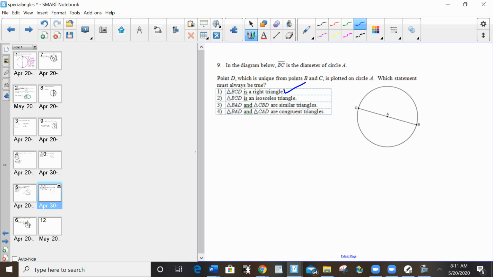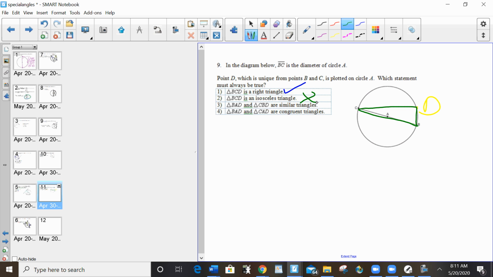Let's get D back up there. BCD is isosceles. Looking at it, it doesn't look isosceles. There's no reason to believe it's isosceles. It looks scalene. In fact, it's a right triangle, so the hypotenuse has to be bigger than the legs. The legs are not the same.